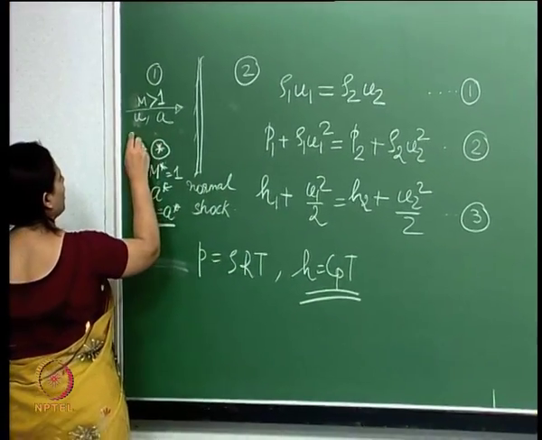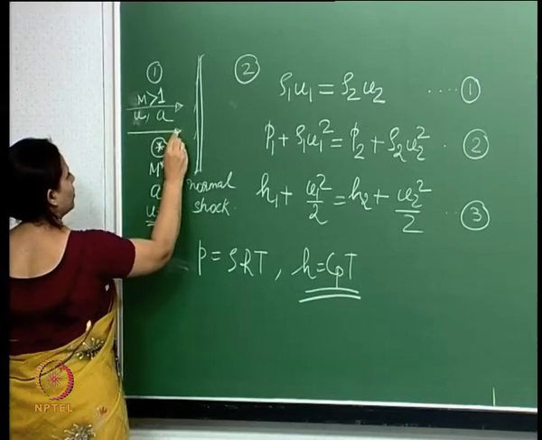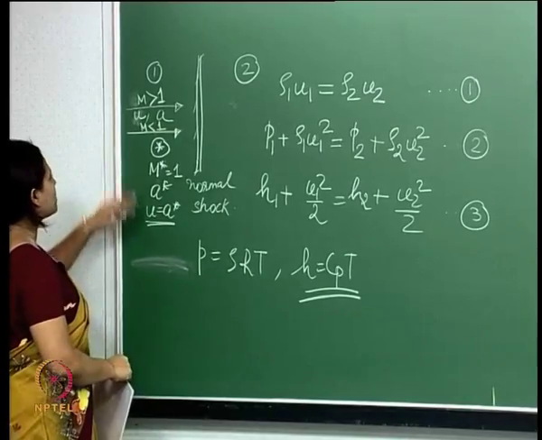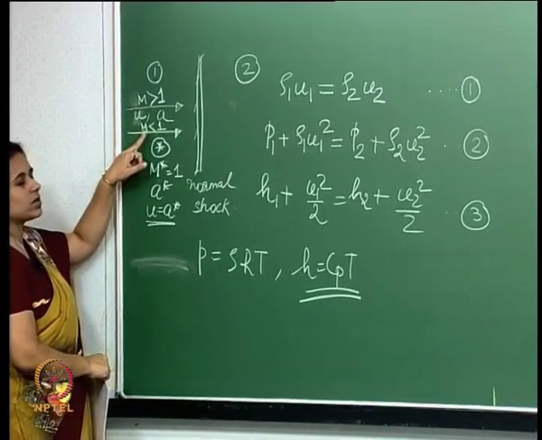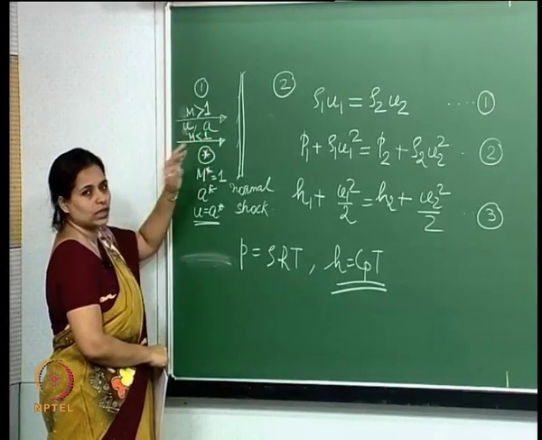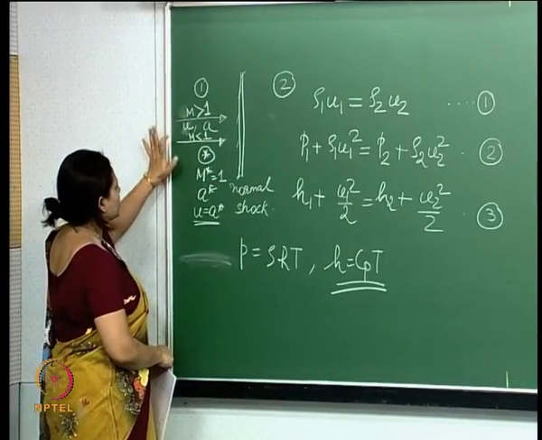Say we are coming in with a speed which is subsonic, and the corresponding velocity and speed of sound are u and a, right. It could be either supersonic or subsonic.